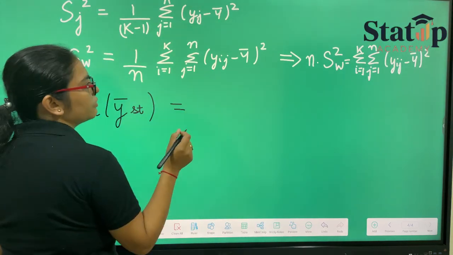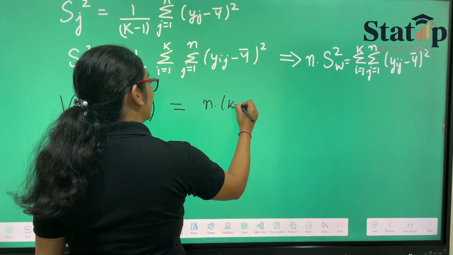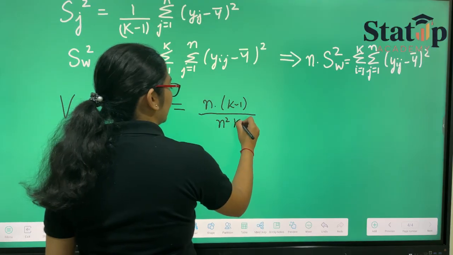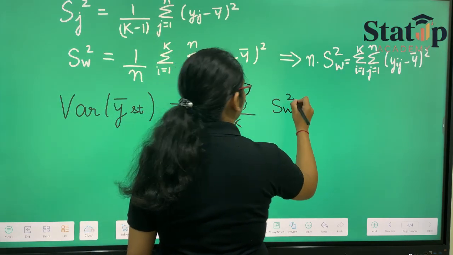So variance of y bar st is nothing but n into k minus 1 upon n square k into s w square.